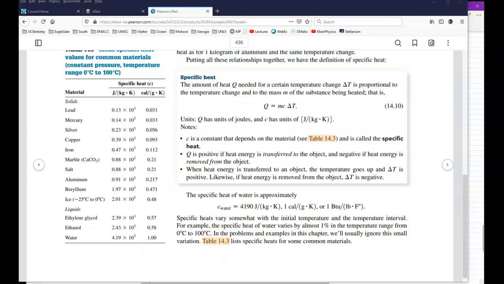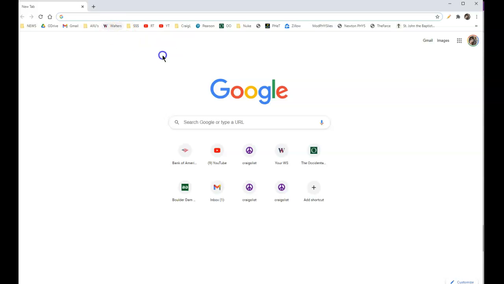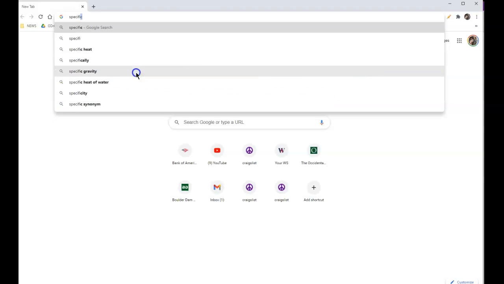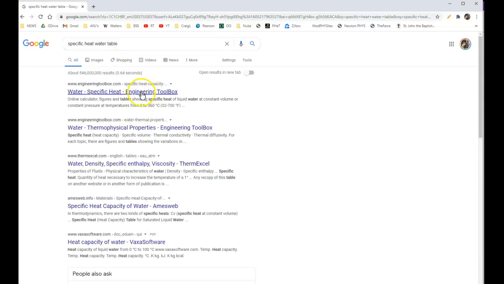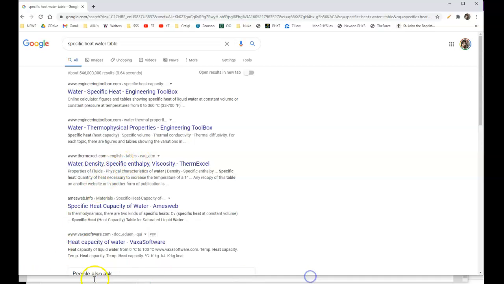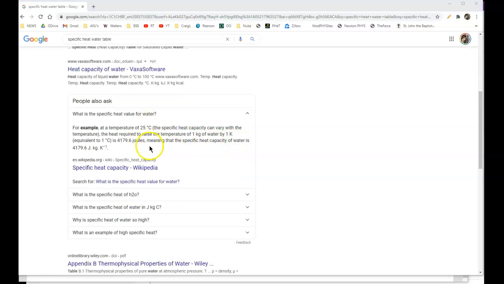I'm kind of curious to know what the specific heat of water is according to the web, if we get the same number. I just looked it up right here.